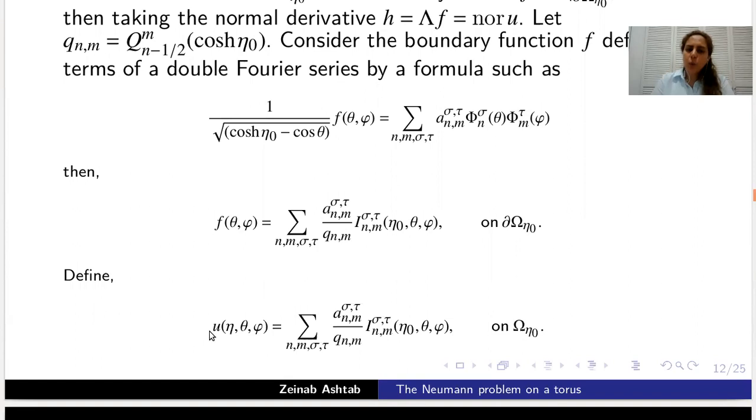Define u in this form on the domain omega eta naught: summation of a n m sigma tau over q n m times I n m sigma tau of eta naught, theta, and phi.